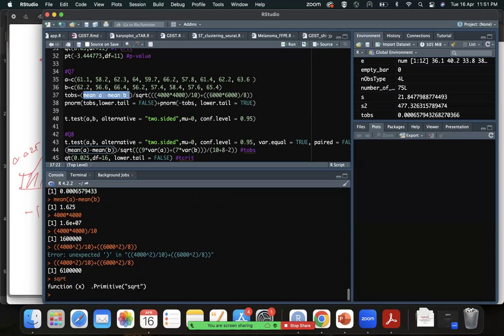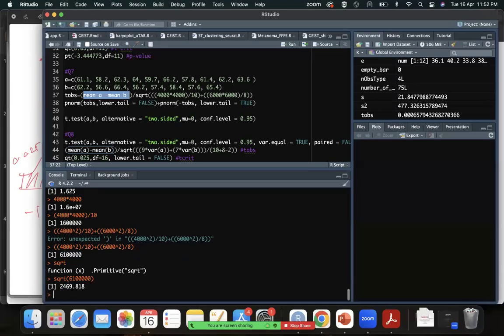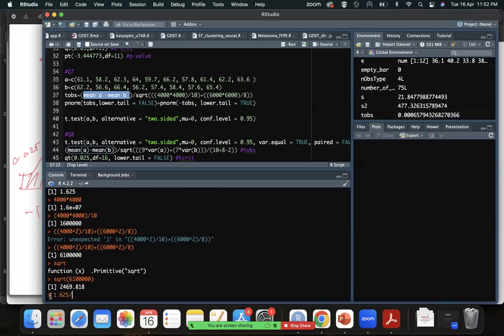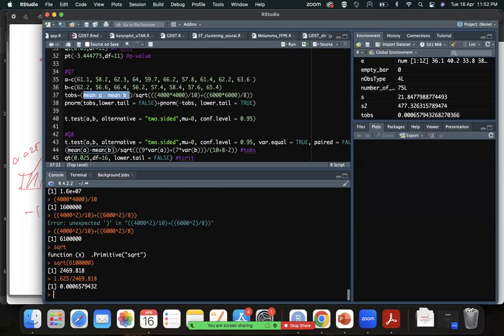Square root of this, 2469. I'm still getting 0.0065.